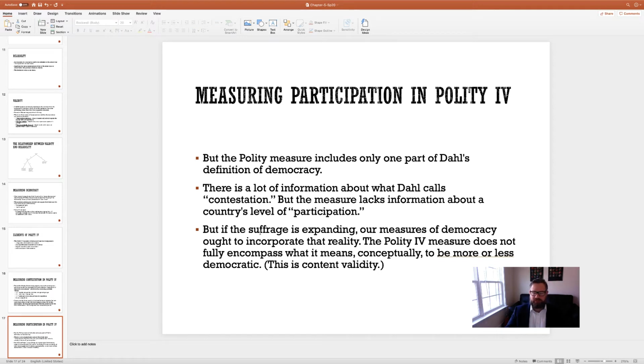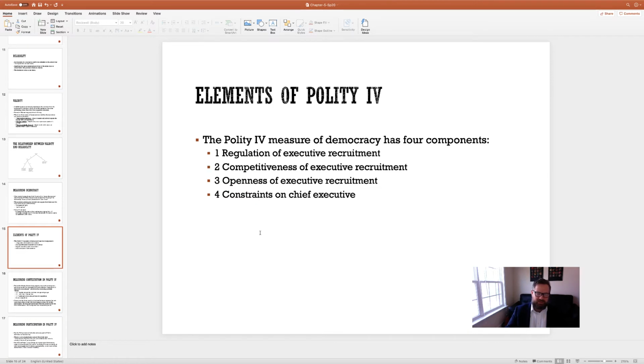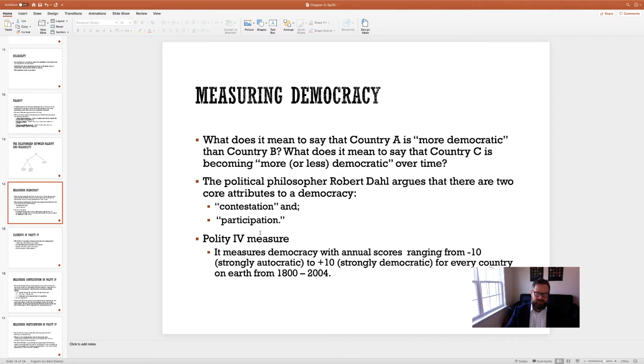And so, in a way, this is really an incomplete measure of democracy. So what do I mean by that? Okay, so all of these elements talk about competitiveness, right? But they don't actually talk about things like, as we mentioned, ancient Greece, right? We said that ancient Greece was a society which had high contestation. They had very democratic elections, but they had low participation because only a certain group of individuals participated in elections.